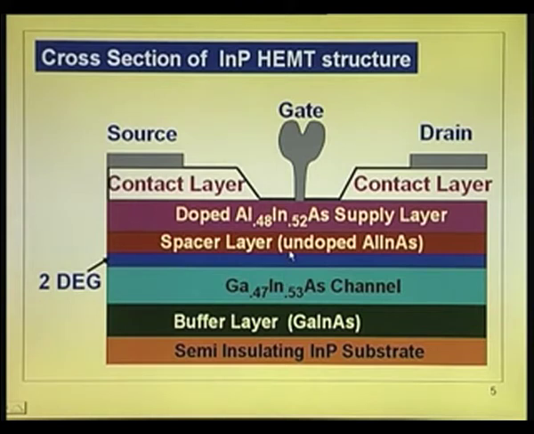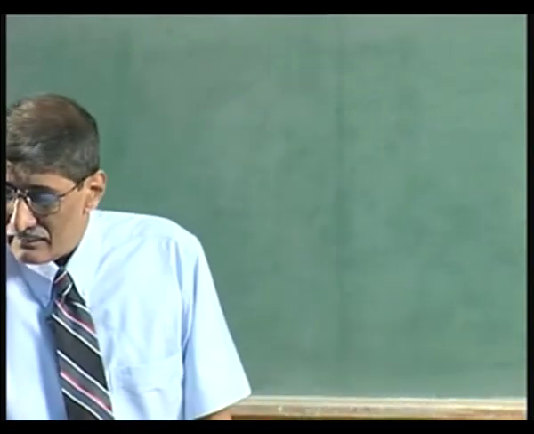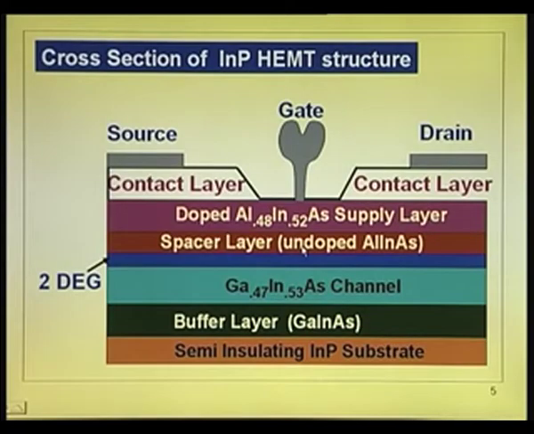In fact, the band gap of aluminum indium arsenide is about 1.46 electron volts, close to that of gallium arsenide. The nice thing is that this layer has lattice match with the gallium indium arsenide layer. Okay. Notice here aluminum 0.48, 0.52.